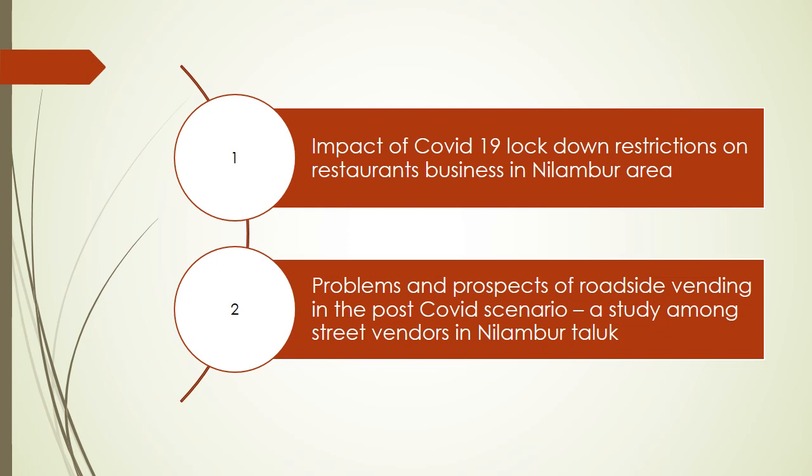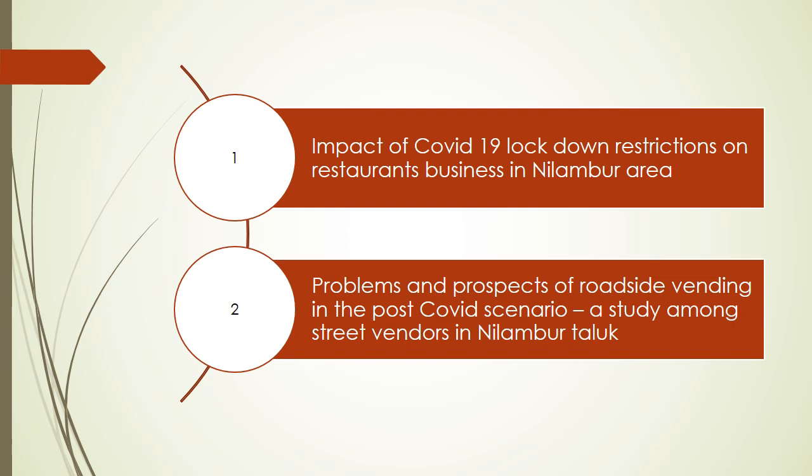relating to the COVID-19 pandemic. First one, impact of COVID-19 lockdown restrictions on restaurant business in Nilambur area. I have chosen the restaurant business because this business was not fully closed but has transformed a lot in its business models.